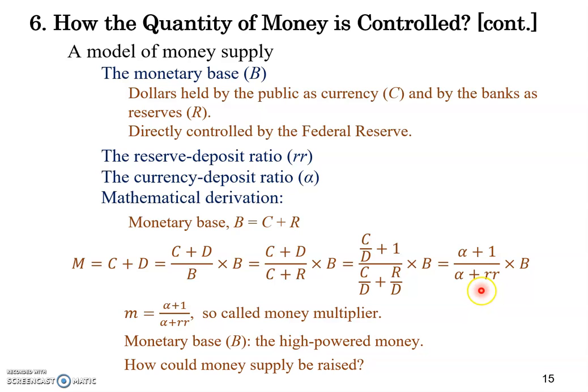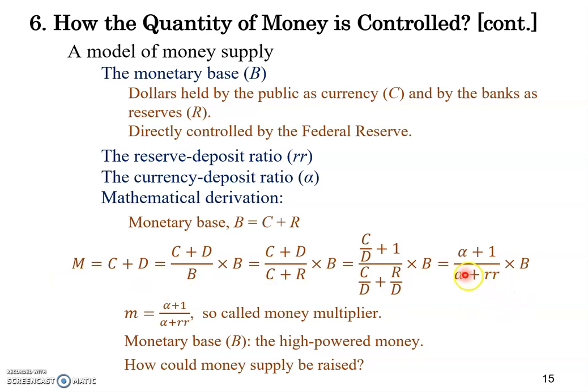It is obvious that a larger reserve deposit ratio leads to a smaller money multiplier, because when RR gets larger, the whole denominator gets larger, and then the money multiplier becomes smaller. So the money supply decreases. There's a negative relationship between the reserve deposit ratio and the overall money supply.